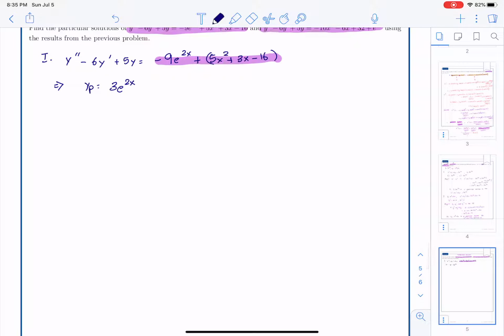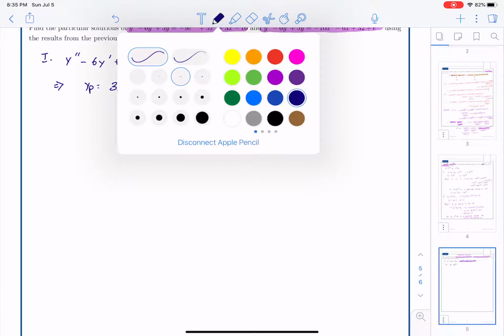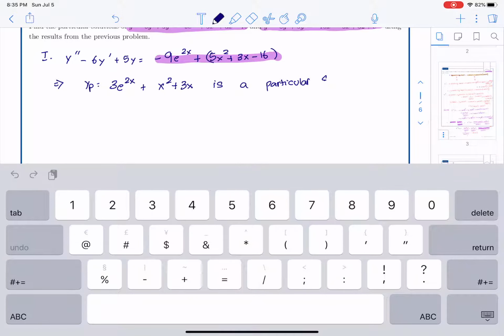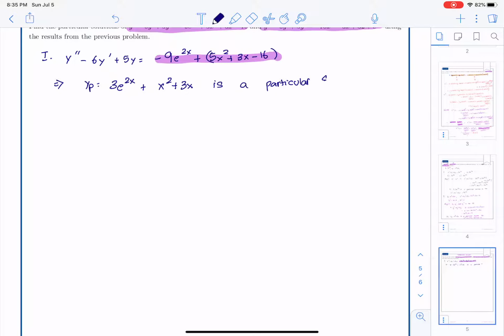So since I'm adding the right-hand sides here, my guess is the solution is 3 e raised to x plus x squared plus 3x, a particular solution to the DE.